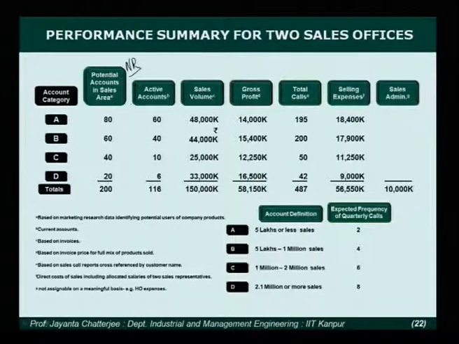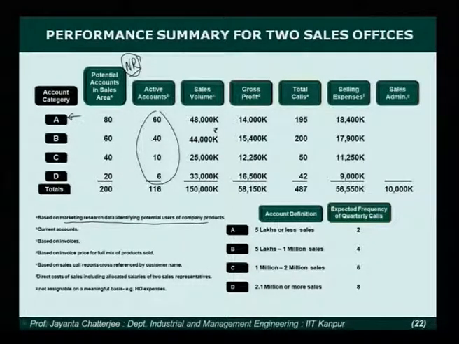Now this has been derived based on the market research data, identifying the potential users of the company products in this particular region for this particular type of industry. Active accounts is kind of easy because you have to only look at your own database, the company's own database, and you know that I have 60 metallurgical clients in northern region.